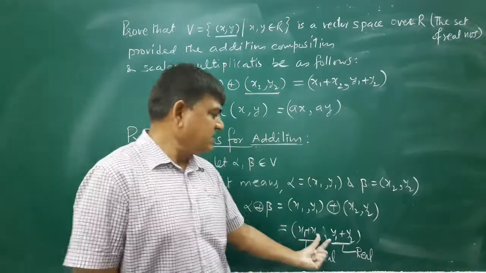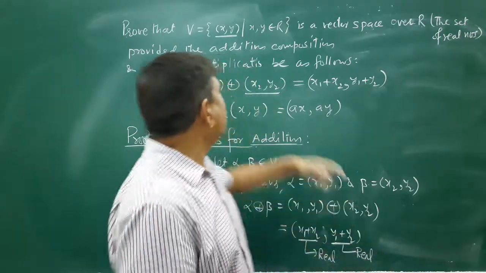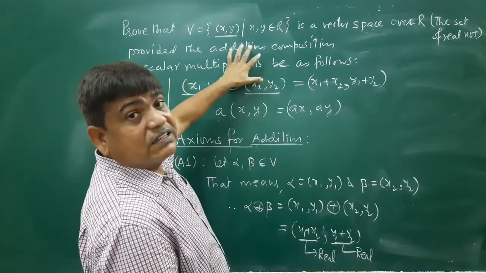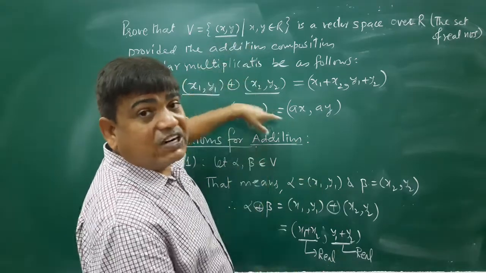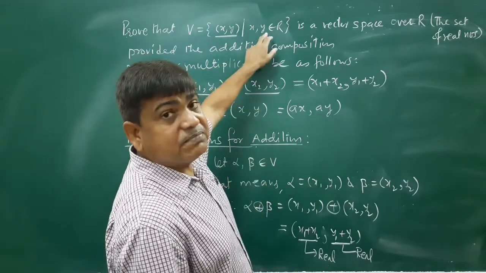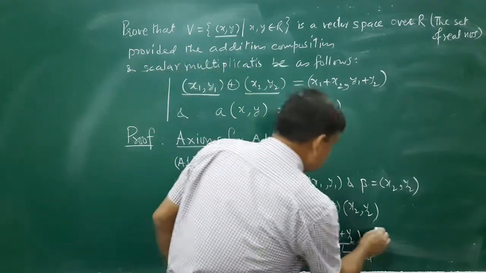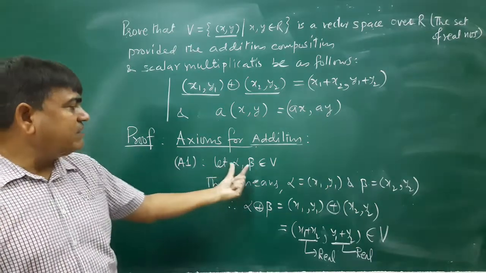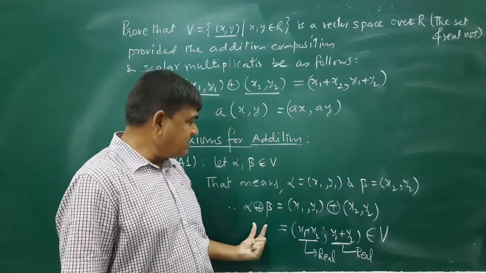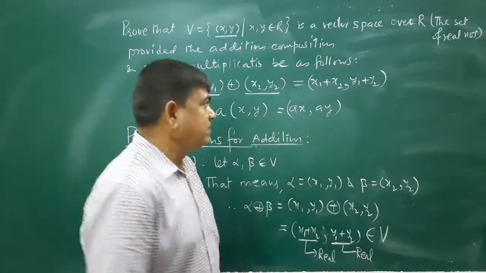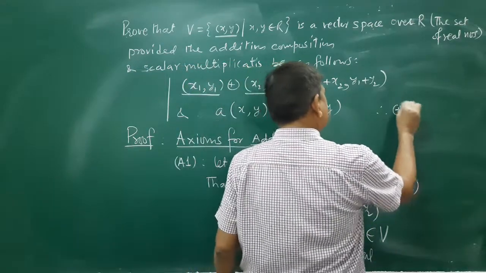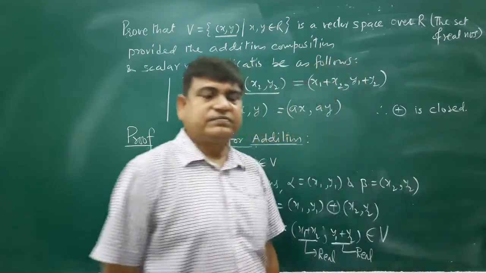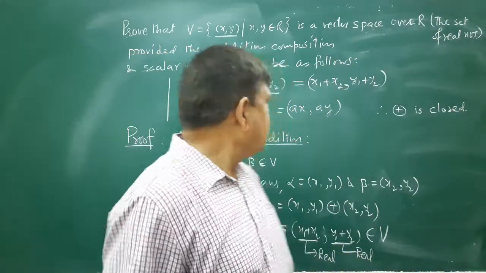So this is the ordered pair of real numbers, and elements of ordered pairs whose members are real numbers are the members of V. So this belongs to V. So for all alpha, beta belonging to V implies alpha plus beta belongs to V. Therefore, this operation is closed.